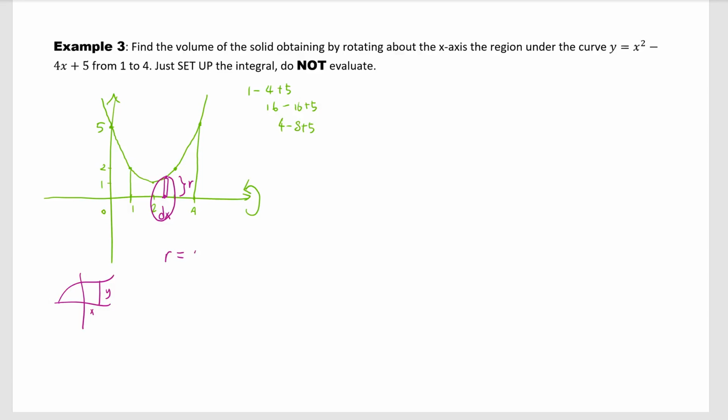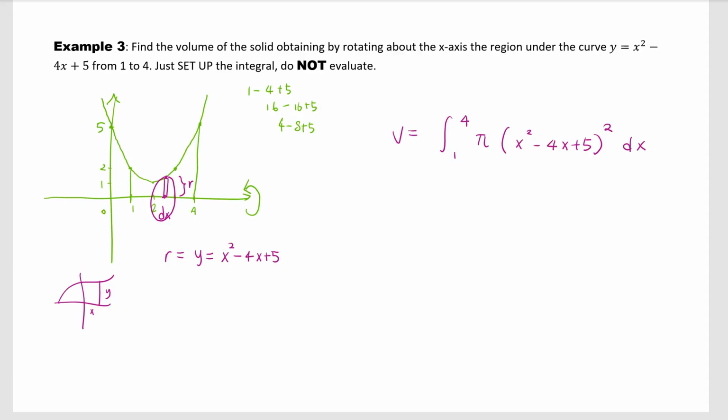So r in this case is y, and y is x squared minus 4x plus 5. That's why the volume is the integral, x goes from 1 to 4, pi r squared. Well, r squared, r is x squared minus 4x plus 5, squared, dx.